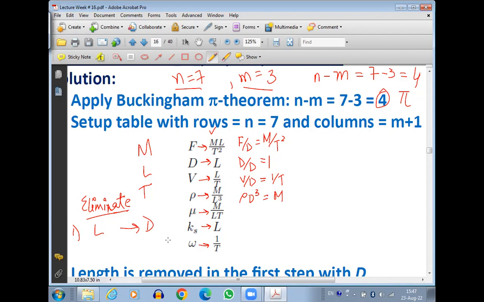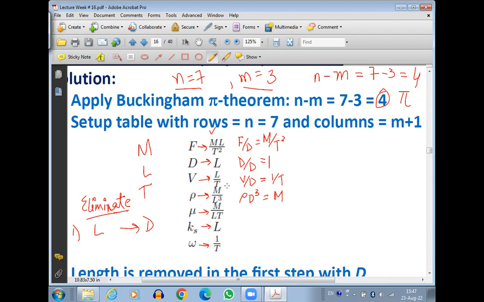Look, here V was L by T. I want to eliminate L, so I have to divide by L. But L I am representing as D. So D by D, length eliminated.